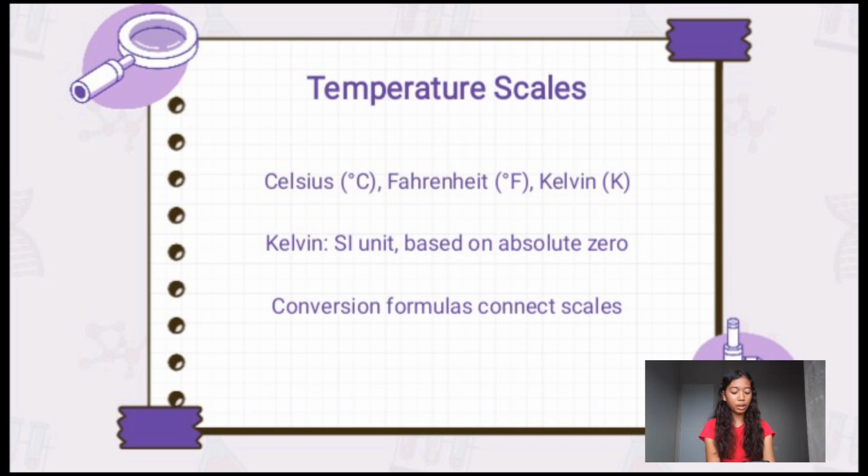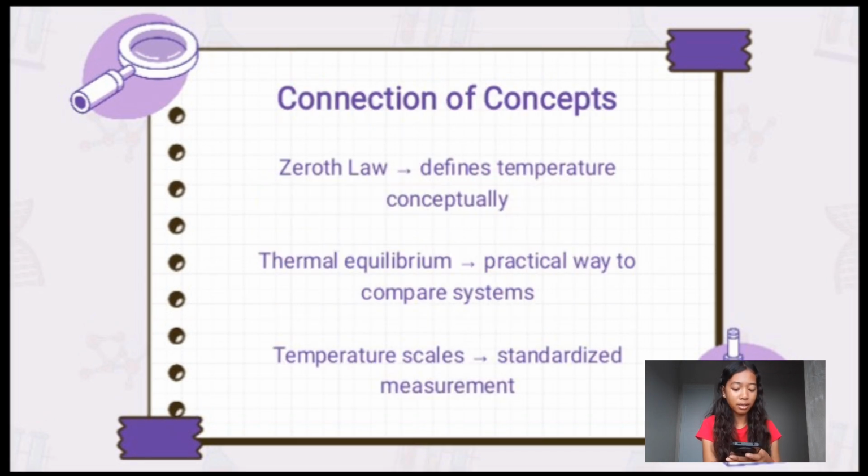We can convert between the scales using formulas like Celsius to Kelvin, Celsius to Fahrenheit. So that scientists around the world can have standardized measurements. Kaya dapat consistent ta.